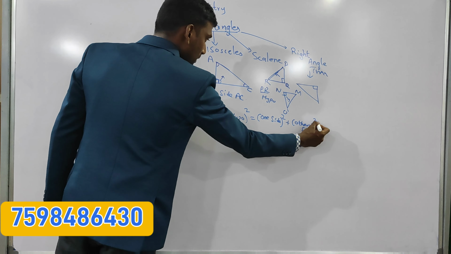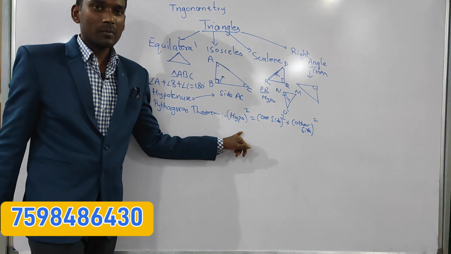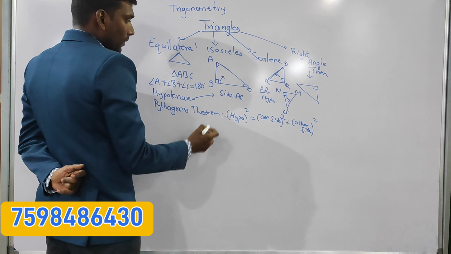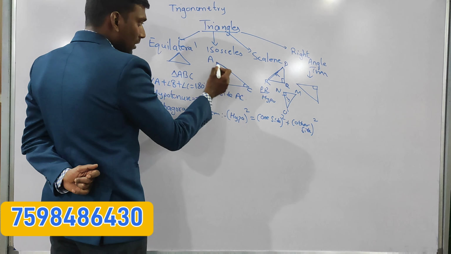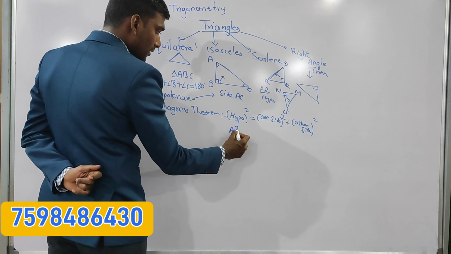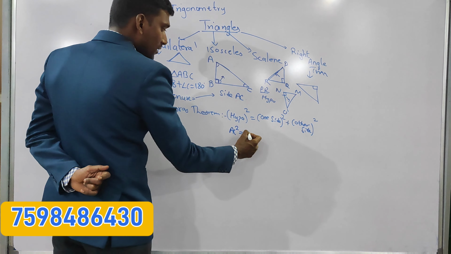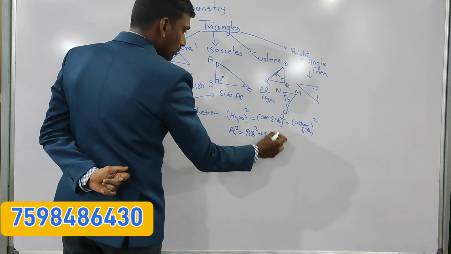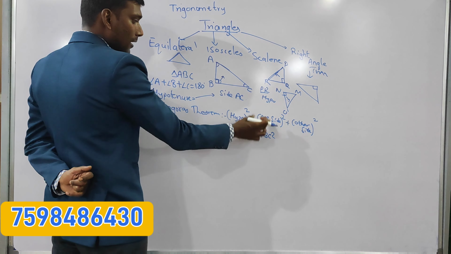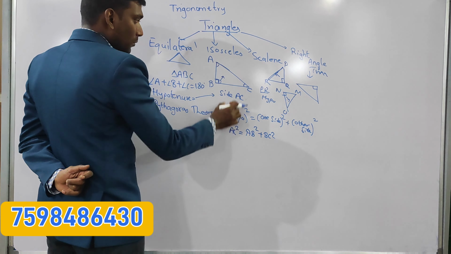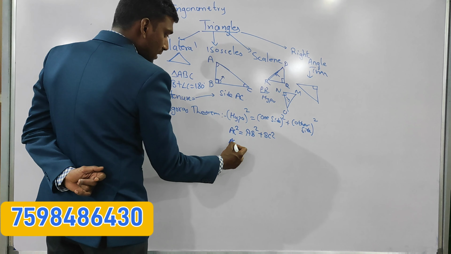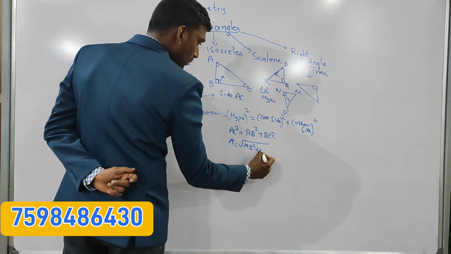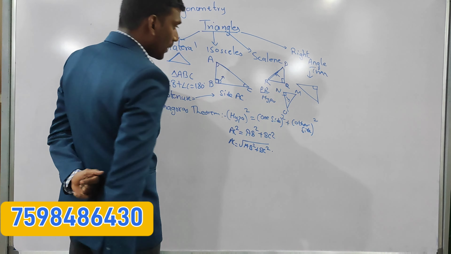Now in this triangle ABC, the hypotenuse is AC, so we have AC square. One side square is AB square, other side square is BC square. If I want to find the value of AC, I can take the square root of AB square plus BC square.